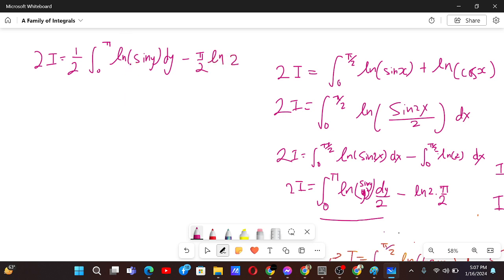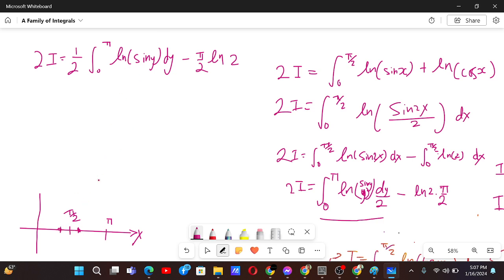Now the graph of ln sin y, let's try to draw that and we'll see something interesting. So over here, let's say this is pi by 2. Now the value of sin y, okay, so for this point in the x-axis as well as this point, the value of sin y will be the same, because sin y is positive here and here as well, and for any value that's pi by 2 plus x or pi by 2 minus x, the result will be the same, because both of them will be just cos x.